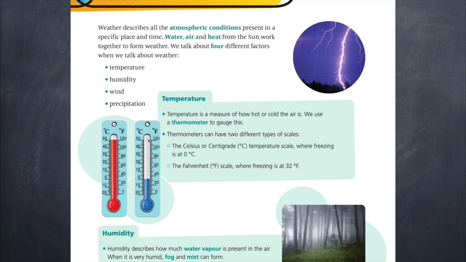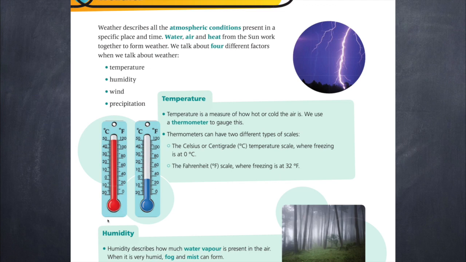Also, we have learned different scales to measure the temperature. Here in Spain, we measure the temperature in Celsius or centigrade, so water freezes at 0 degrees Celsius. In the United States, for example, they use the Fahrenheit scale, and for them, water freezes at 32 Fahrenheit degrees.